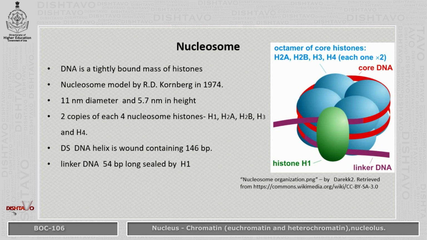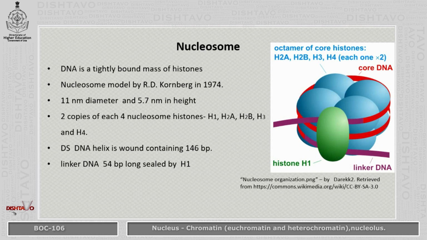There are lots of sequences which take place from the chromatin material to the formation of chromosomes. And one of the important stages is nucleosome formation. What is this nucleosome? The DNA, as we have studied, exists with the proteins in the ratio of 1:1. So this DNA is a tightly bound mass of histones.